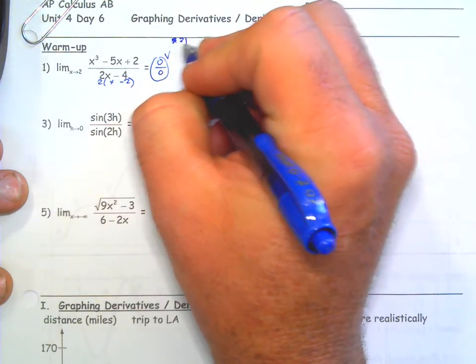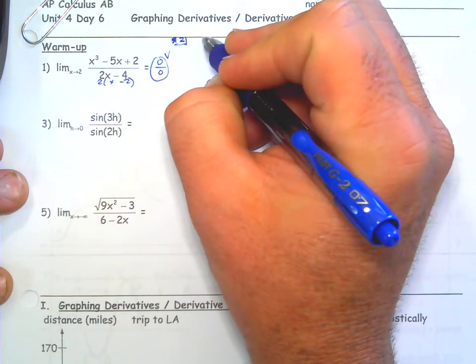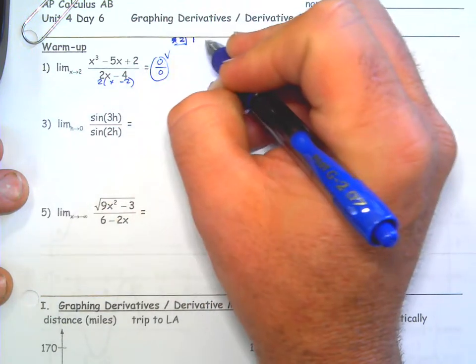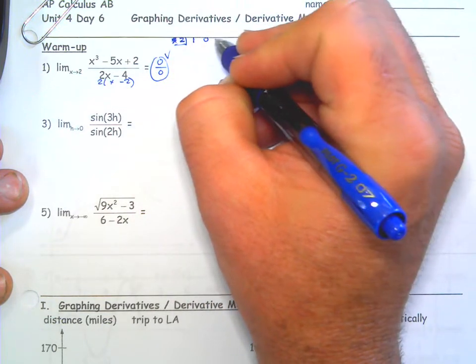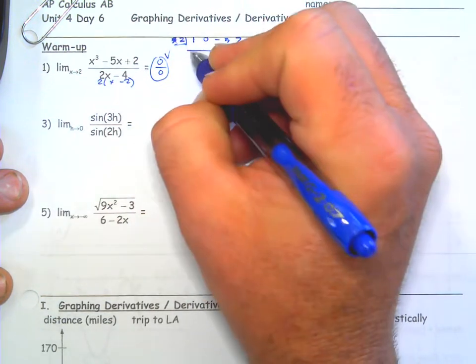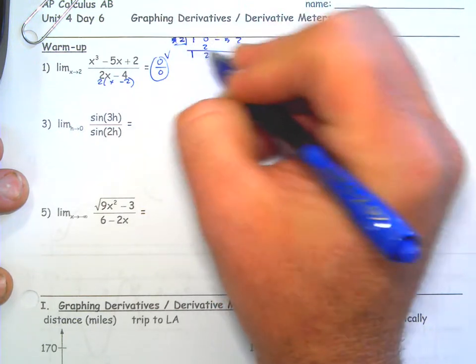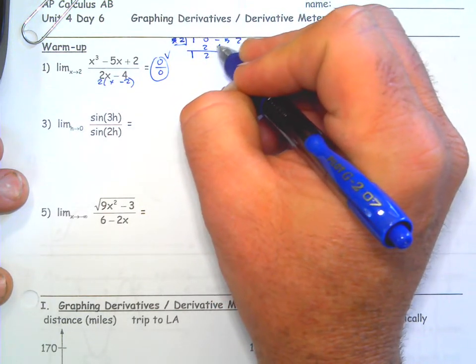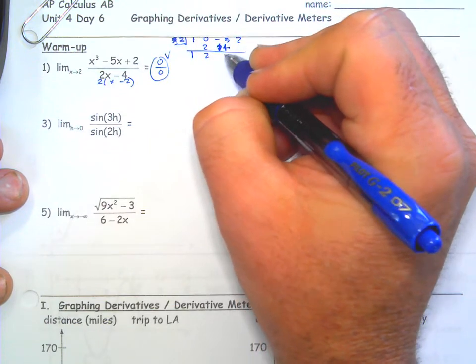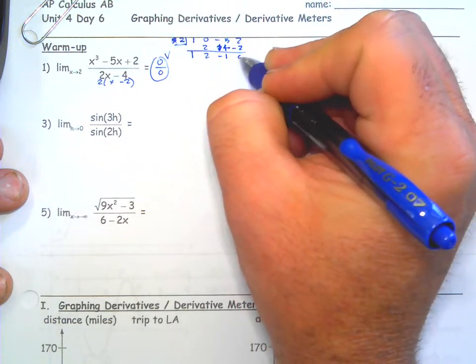So we're going to do synthetic division. Don't need the rational root theorem because we already know the root we want to take out. 1, 0, -5, 2. 1, 2, add. Let's see, 4 here, add them. Should get a 0 at the end.